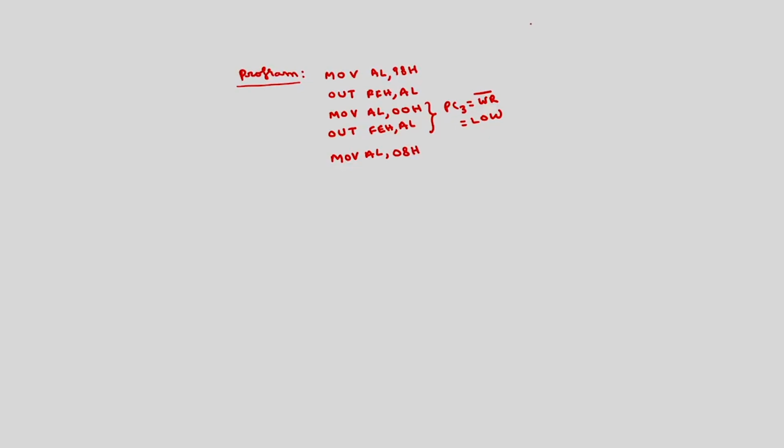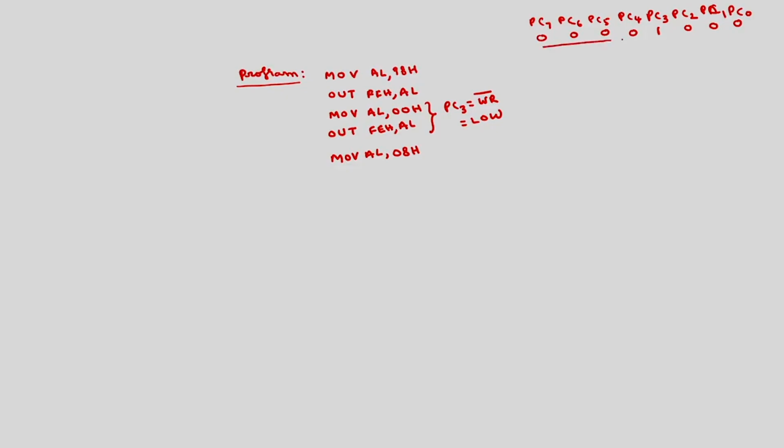Is it clear? This is PC7, PC6, PC5, PC4, PC3, PC2, PC1, PC0. This should be 1, remaining all can be zeros.